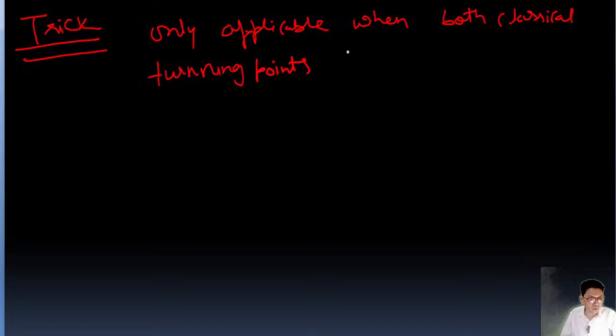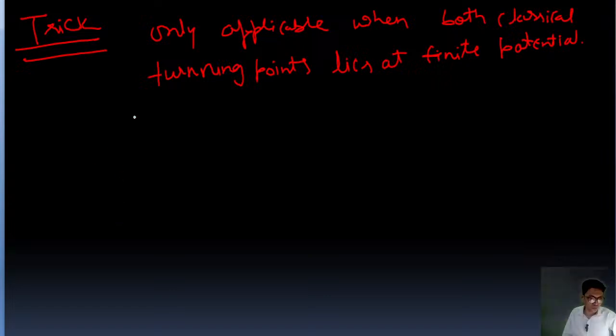Turning points lie at finite potential. So this trick is applicable only when the classical turning points lie at finite potential. They do not lie only in finite potential, they lie at finite potential.